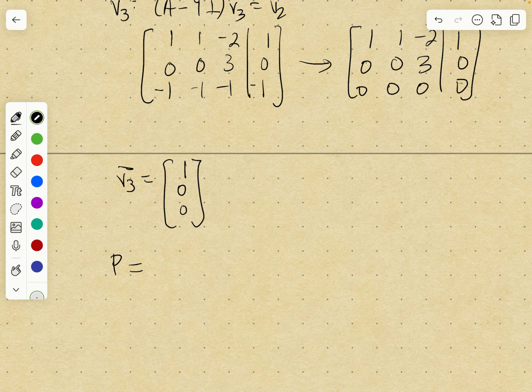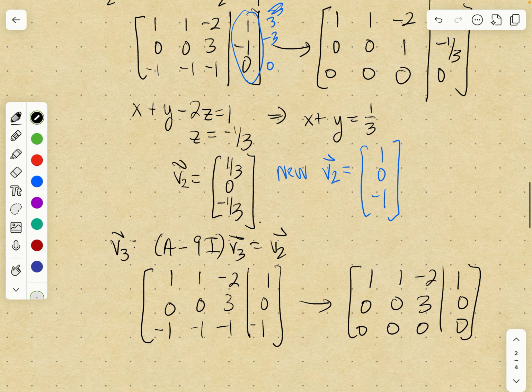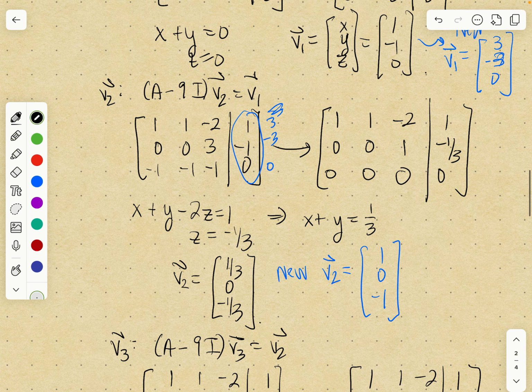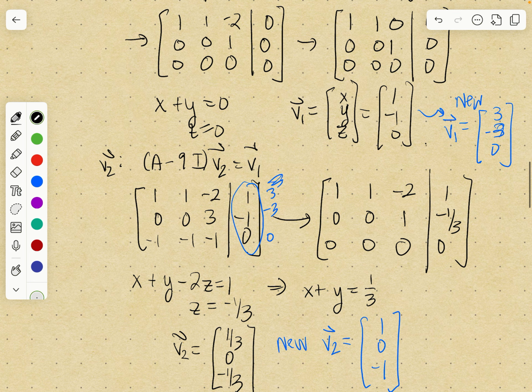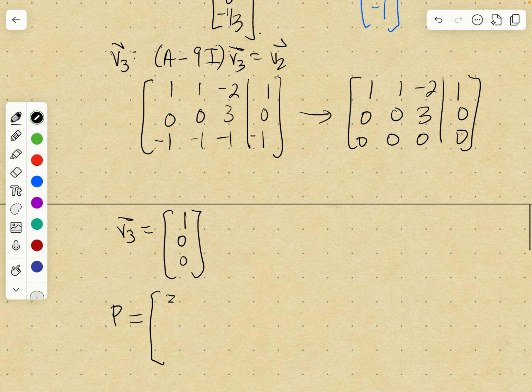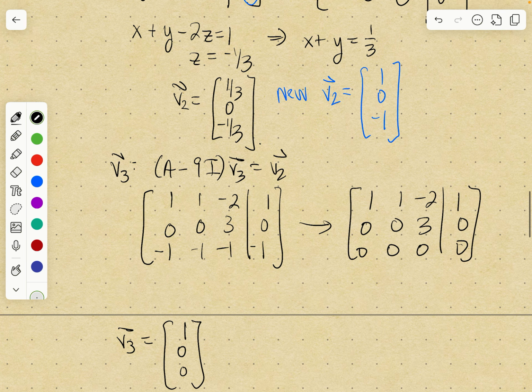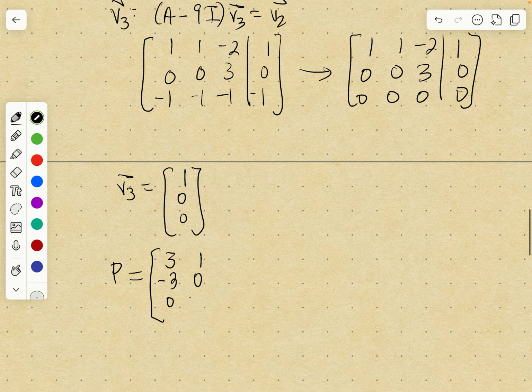And so our matrix P is, and again, there's multiple possibilities because there's multiple possible v1s, and even once you pick one of the v1s, there were multiple v2s, and once we picked the v2, there were multiple options for v3. But for the ones that we had, v1 is 3, negative 3, 0, v2 is 1, 0, negative 1, and then our v3 was 1, 0, 0.